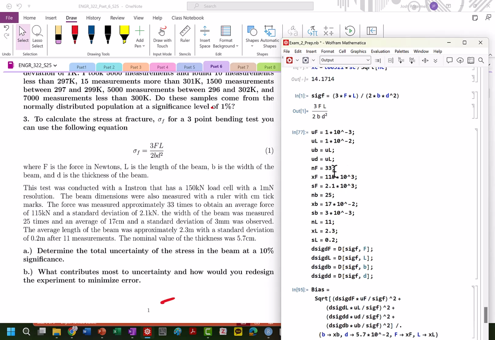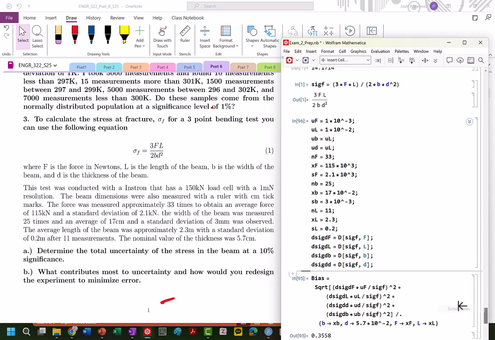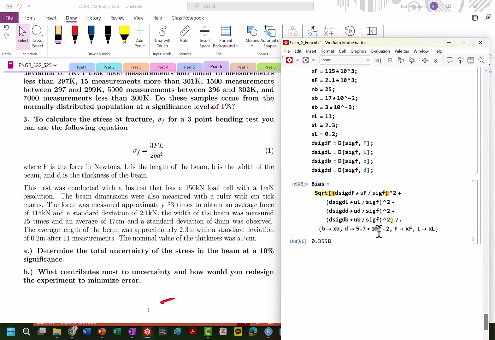X of f, 115 times 10 to the 3. I'm just double checking these nominal values. The width of the beam was 17 times 10 to the minus 2. XL, the beam was 2.3. Yep, looks to be correct here. And the process is pretty solid.